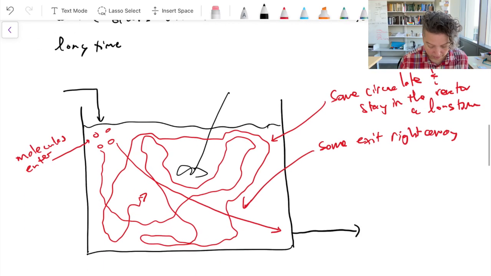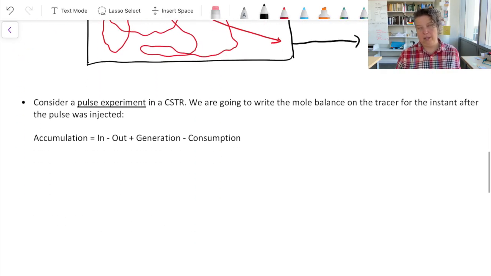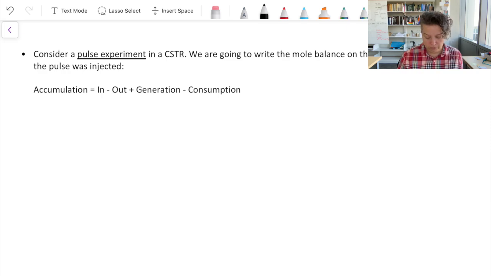So let's think about what this means. How do we get the residence time distribution function for an ideal CSTR?